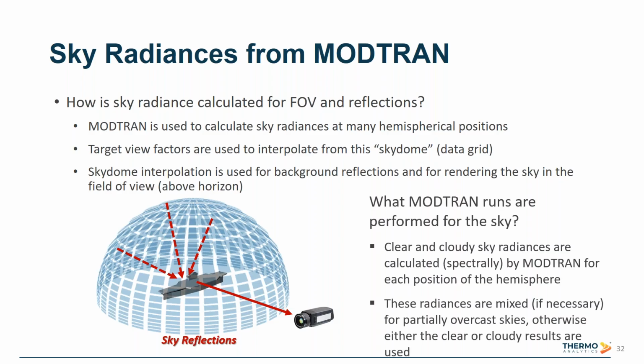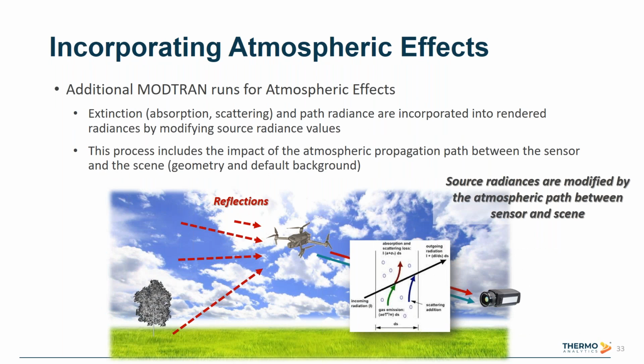MODTRAN calculates clear and cloudy sky radiances for each position of the hemisphere, and these radiances will be mixed for partially overcast skies. Extinction and path radiance are incorporated into the rendered radiances by modifying the source radiance values, which include the impact of atmospheric propagation path between the sensor and the scene.